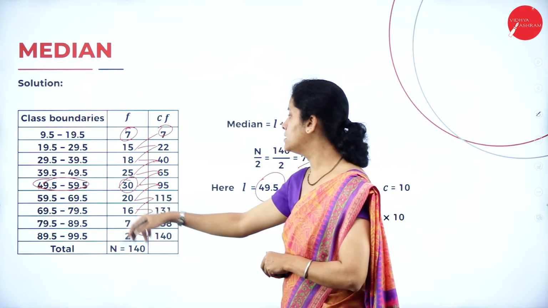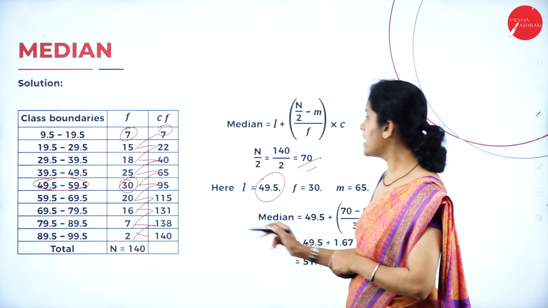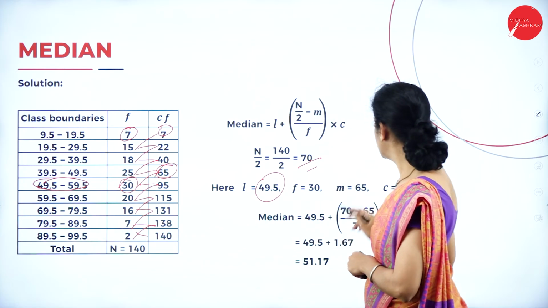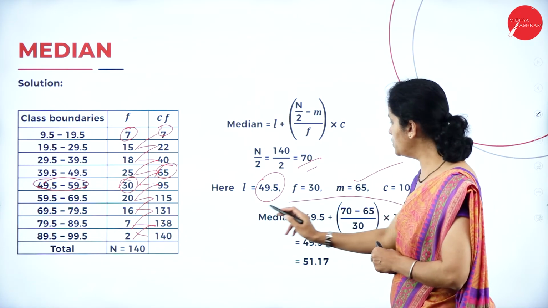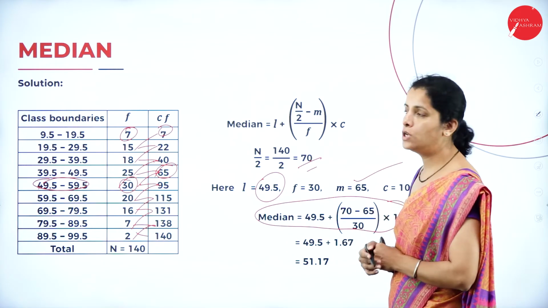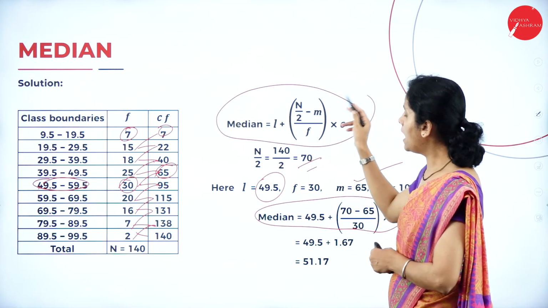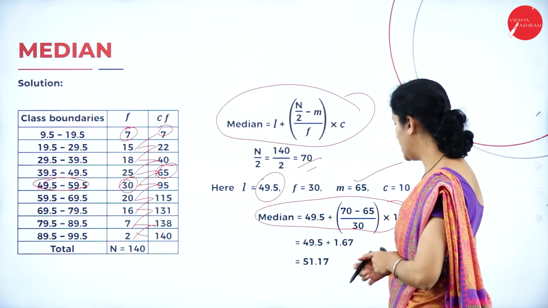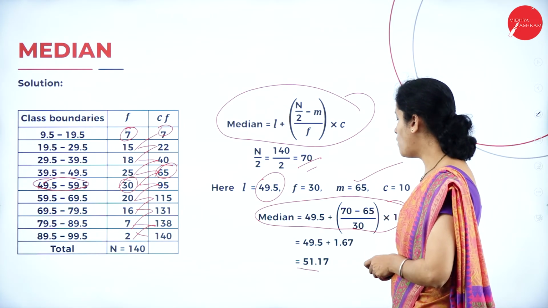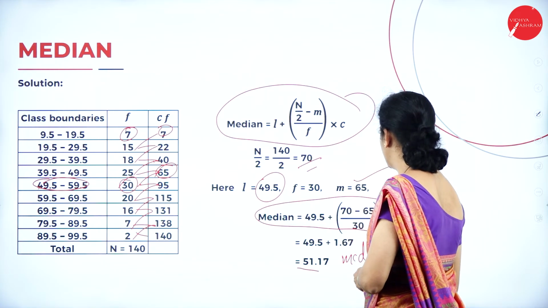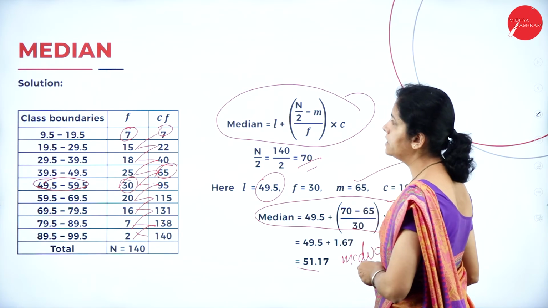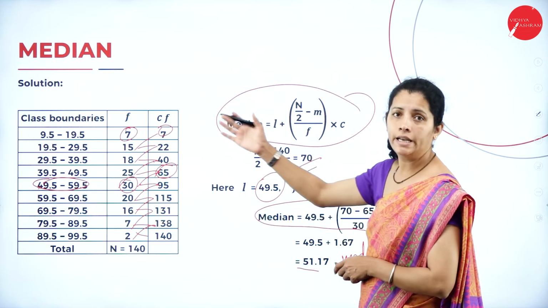F is nothing but 30. And what is M? M is nothing but 65. C is nothing but the difference. Now I'm going to substitute all these values in this formula, and when I simplify, I'm going to get 51.17. This is the median. Okay, this is the median of a given data.